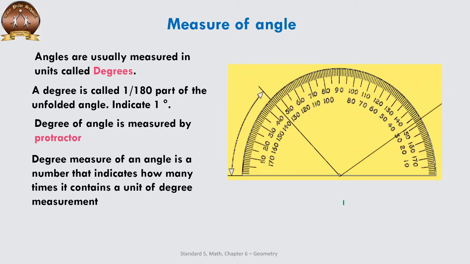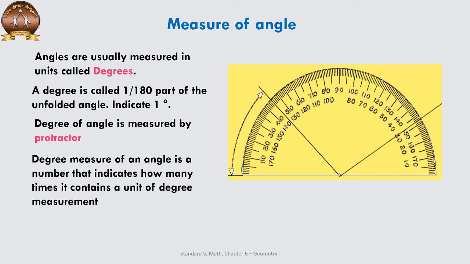A degree is called 1 by 180th part of the unfolded angle. That indicates 1 degree. Degree of angle is measured by a protractor, as I told you. Degree measure of an angle is a number that indicates how many times it contains a unit of degree measurement.